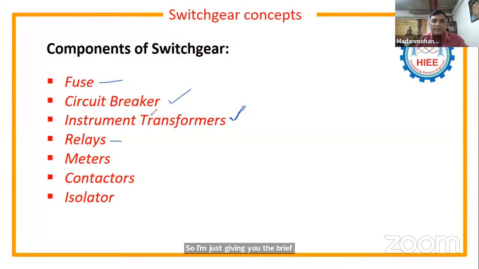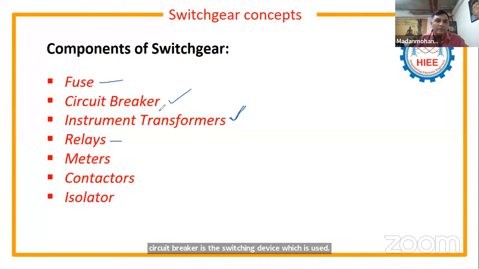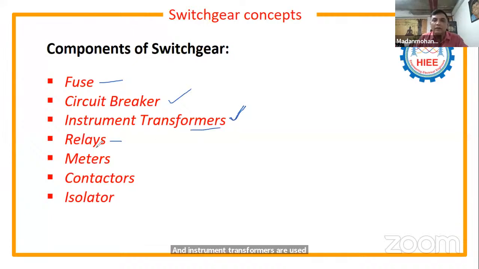A circuit breaker is the switching device which is used to control the system and to isolate the faulty section from the healthy section. Instrument transformers are used for all the protection and metering purposes. All the meters and relays are connected across the instrument transformers, guys.